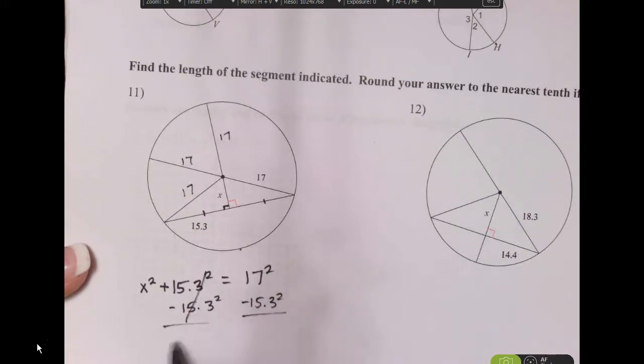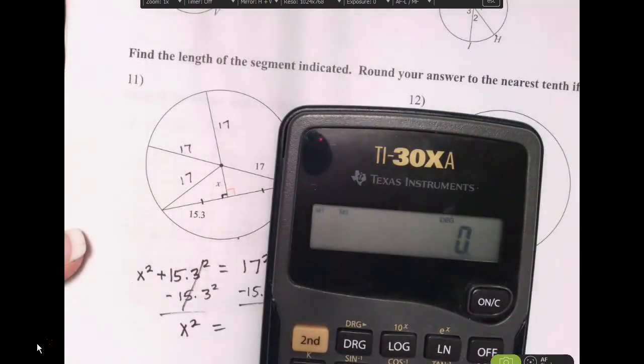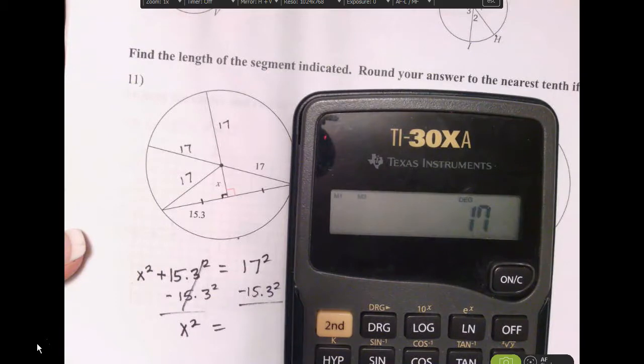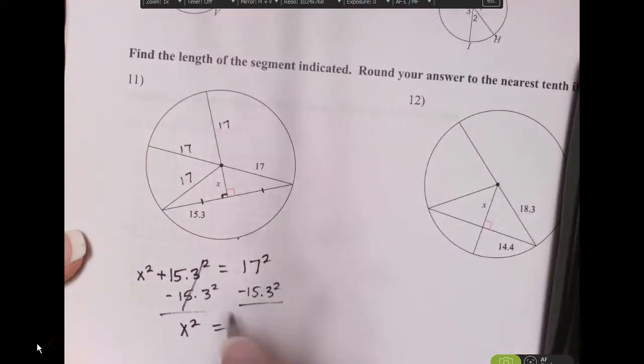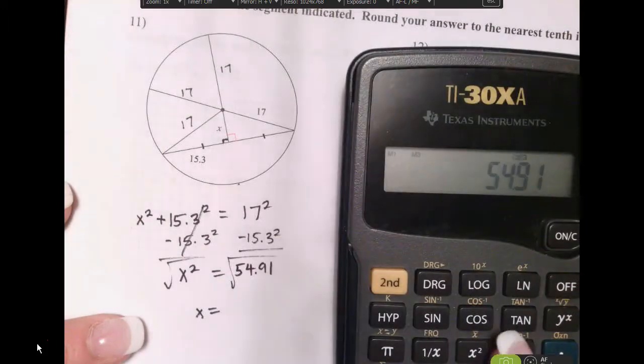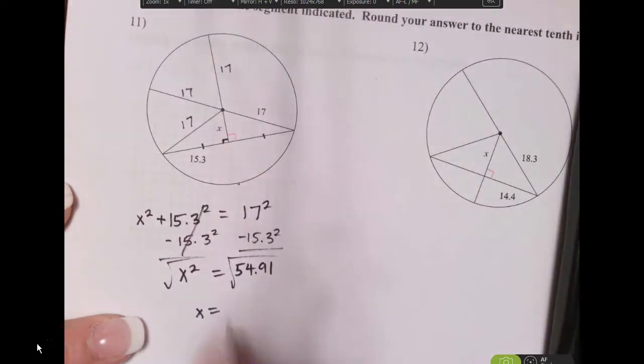So that one cancels, and x squared equals 17 squared minus 15.3 squared, which is 54.91. Then square root both sides, and we get x equals 7.4.